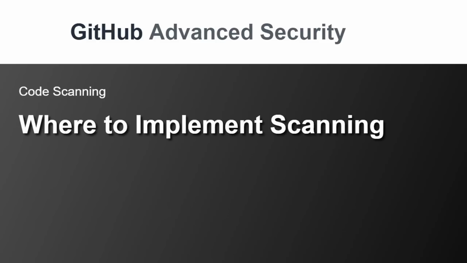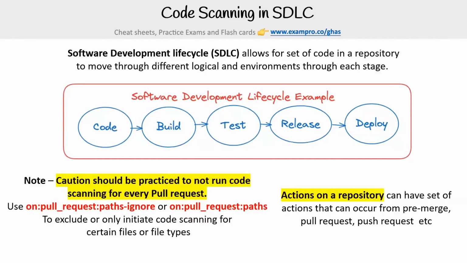It's worthwhile calling out why code scanning is important in the context of the software development lifecycle. The software development lifecycle goes through code, where you actually write the code, you build the code, you test the code, and then you release and deploy the code. Now, you can run code scanning on every pull request, which I would not recommend. In fact, GitHub doesn't recommend it either.